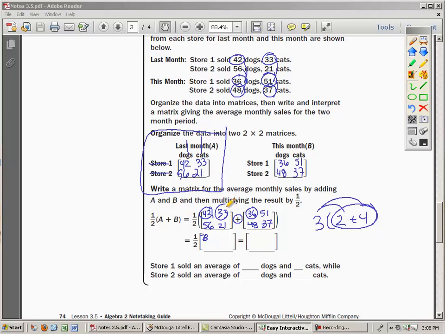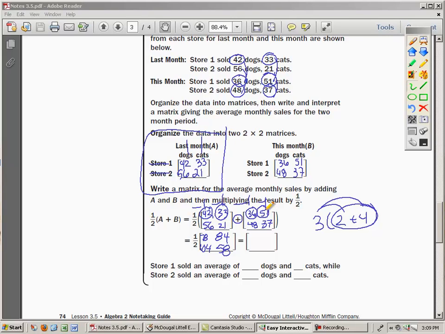And when I add the next 2 entries, 33 and 51, it comes out to 84. And when I add the next two entries, I get 104. And when I add the next two, I get 58. So again, we add each entry, first row, first column, first row, second column, and go on from there.